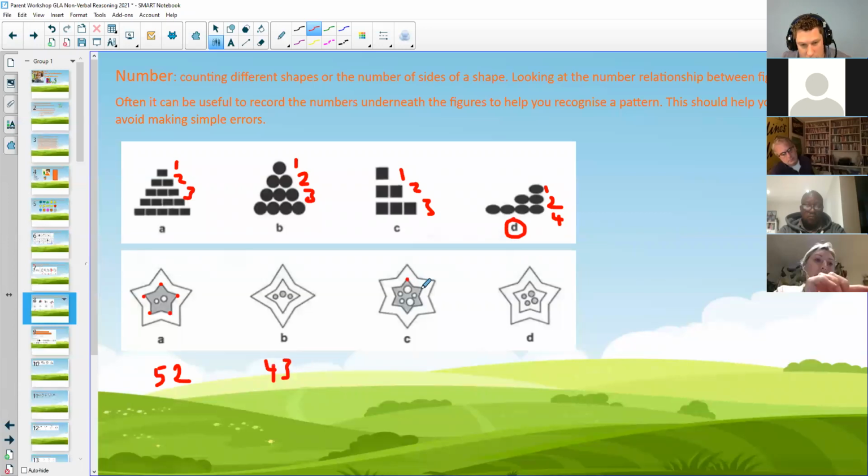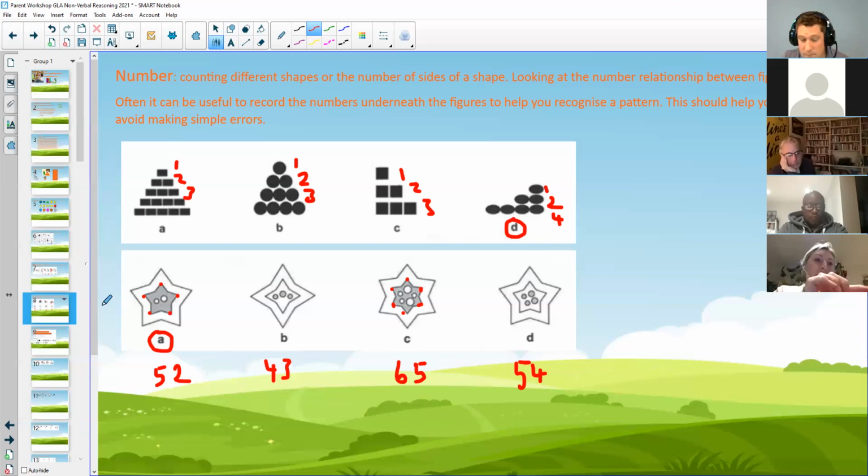This one, I've got 1, 2, 3, 4, 5, 6, and then there are 5 inside, so again 1 less. 5 here, and then 4 inside. So the odd one out here will actually be A, because the difference is more than 1. So again, you can see that the relationship between shapes is something they're also testing children on as well. And we do see, as I said, lots of questions of that particular style.